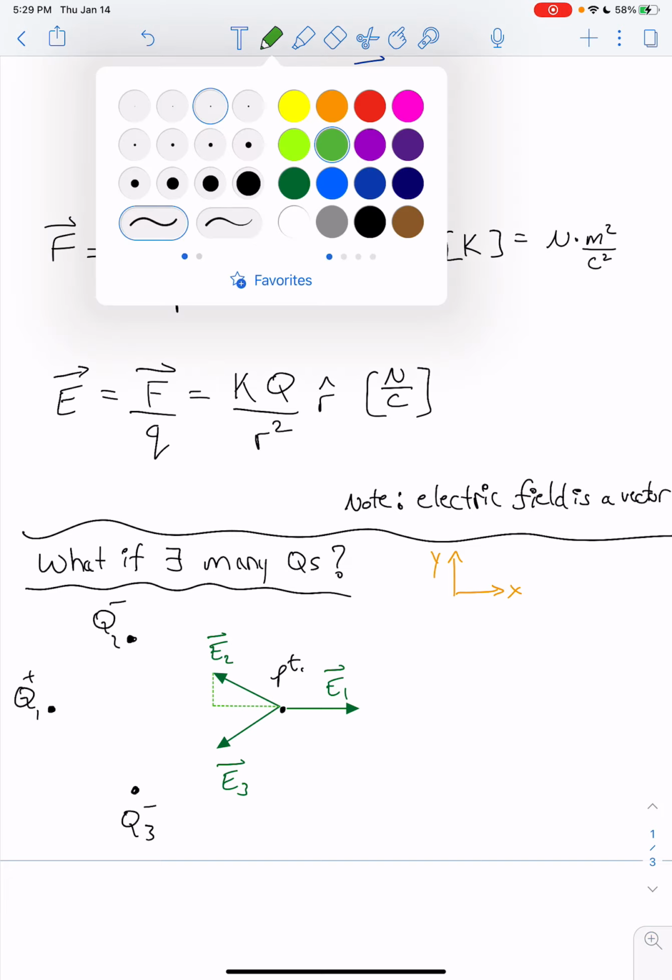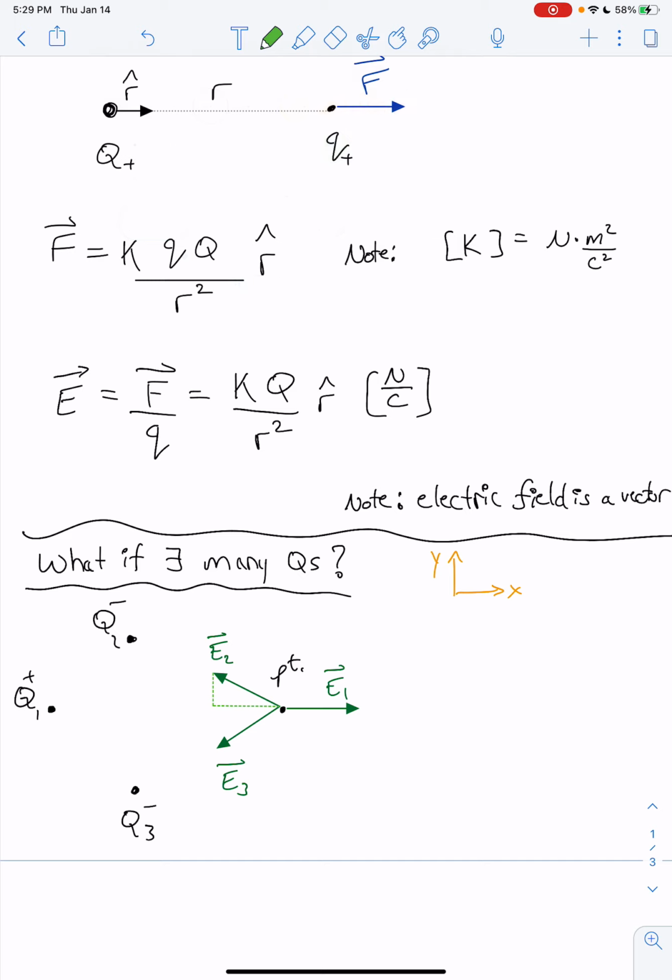And then that will have to balance with the electric field to the right of 1. But 1 is a bit farther away, so it'll be weaker. And there's also not as many as 2 and 3 together. Okay, so we'll end up with some net electric field like this at that point. And that's the combination of all 3.